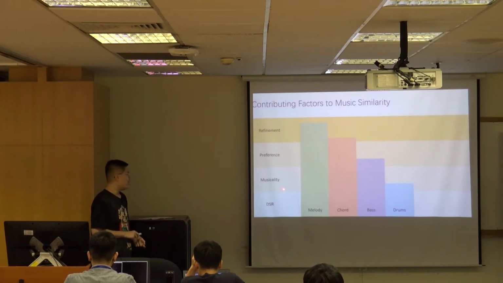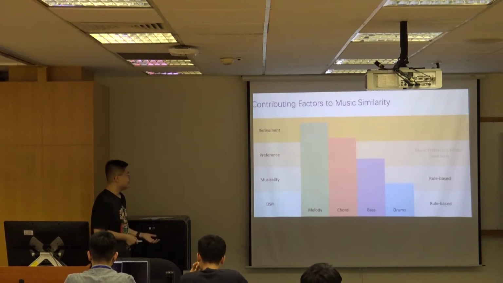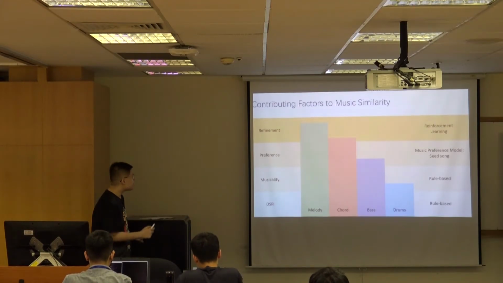For domain-specific requirements and musicality, we can use a rule-based method to guarantee these two. For music preference, we can use a music preference model, the CSON. I will talk about this later. We can satisfy user music preference by imitating the CSON that they like. And for refinements, we can use reinforcement learning.